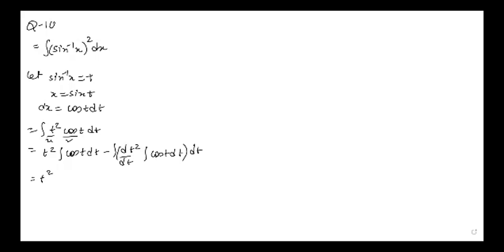So integration of cos t is sin t, minus this will be 2t sin t dt. I will take 2 common outside and again apply integration by parts.